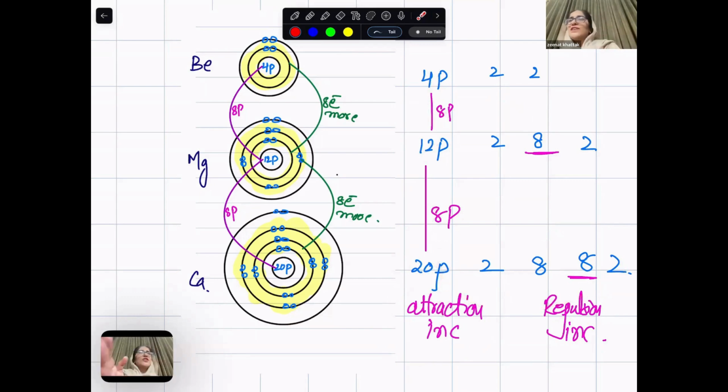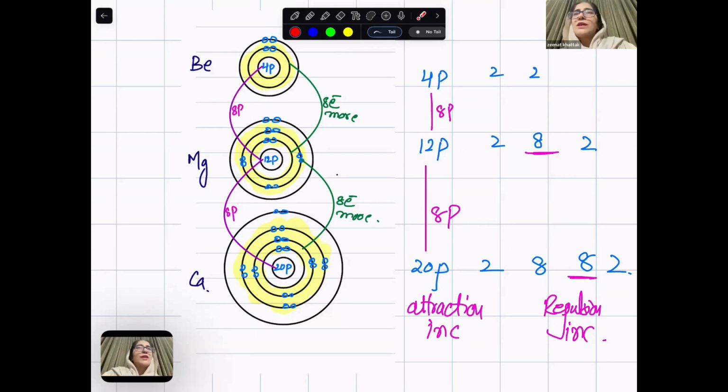Because for the same attraction, the valence is going far. The attraction is the same because the shielding is more; protons are increasing, but attraction is the same. Now, what is the issue with the valence? They're getting far. So the same attraction is less for the far electron.